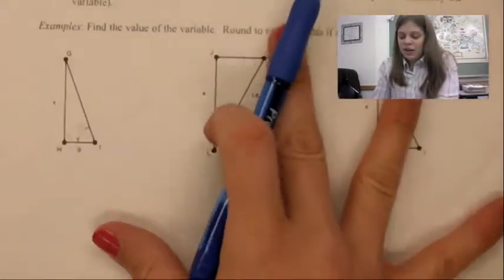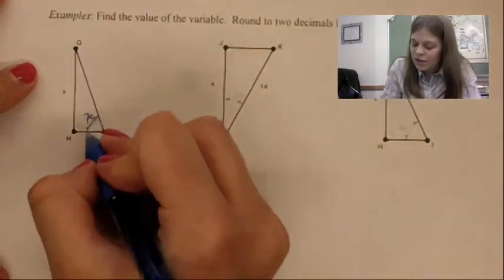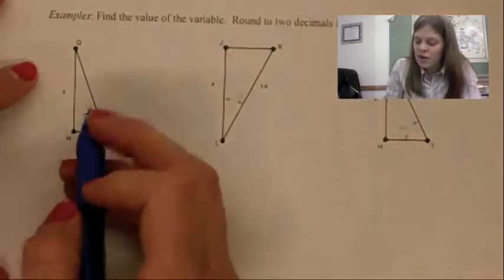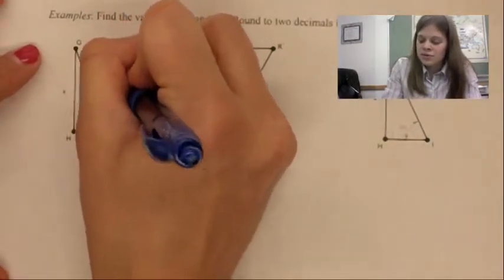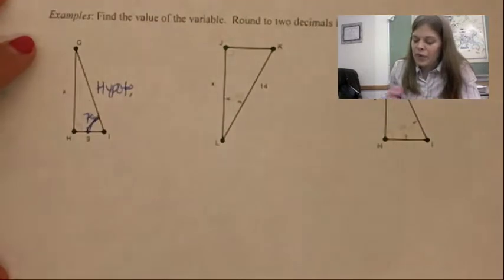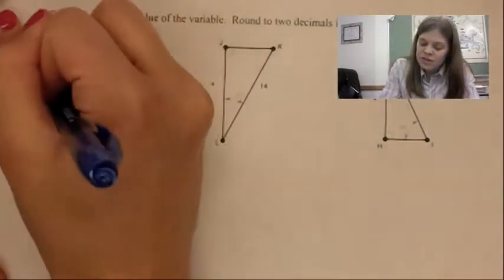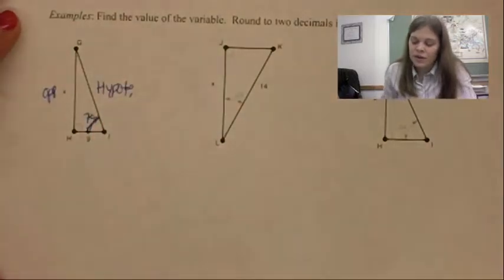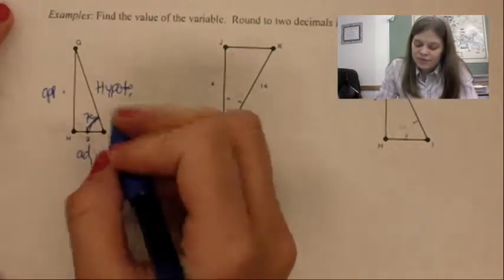So let's take a look at our first example. This angle is 70, so we're going to label according to this angle. Remember, across from the 90-degree angle is the hypotenuse. And then across from the angle given, so across from 70, is the opposite. Okay? And next to the 70 is adjacent.